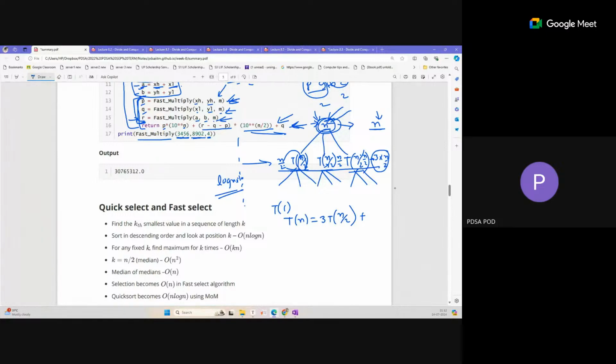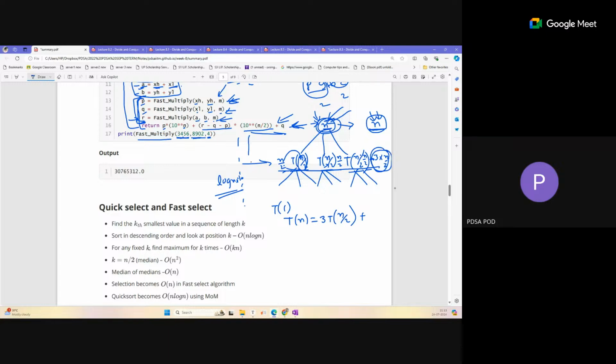That means at the first level, when our input size was n, we are performing some operations of order n. But here our input size is different for each call, so our number of operations is also related to that: n/2 here, n/2 here, n/2 here. We add all these and get 3n/2.